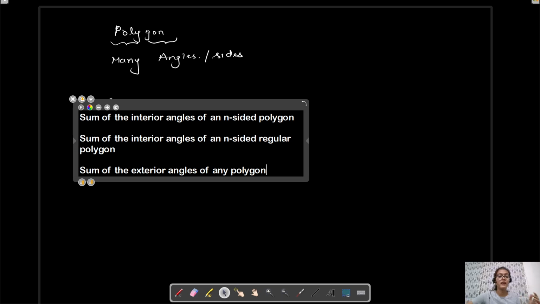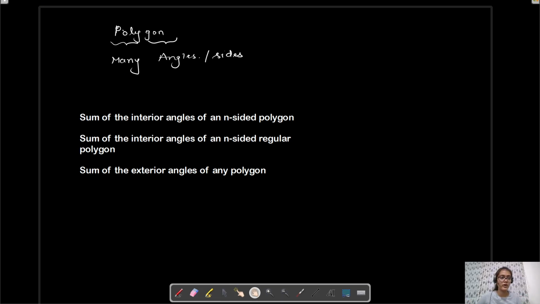A polygon can have any number of sides, so for an n-sided polygon you should know the sum of all the interior angles. For example, if you have a quadrilateral like this, the interior angles are this plus this plus this plus this. So the sum of all these angles will be, let me change the color.